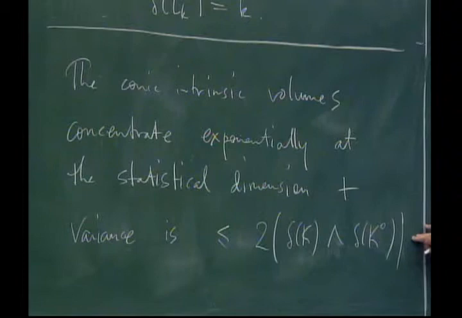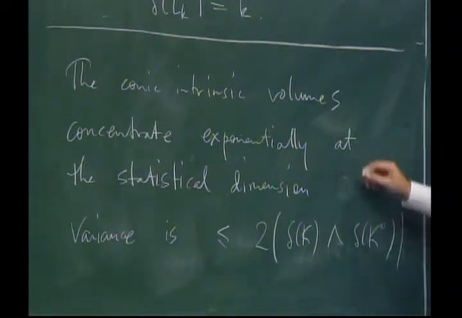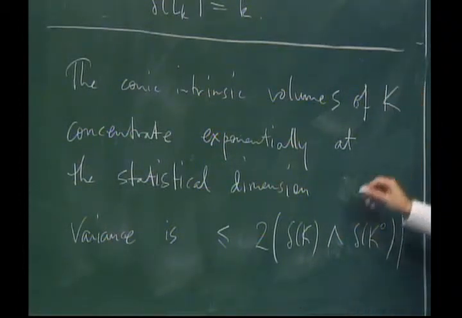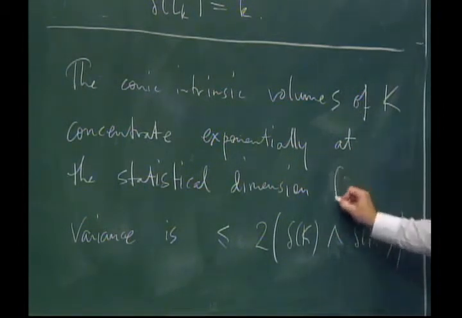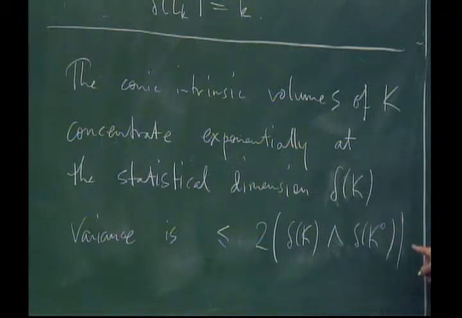So this tells you the scale on which they fluctuate. And in fact, if you move farther away from the statistical dimension, they drop off exponentially fast once you're more than about the square root of delta away.